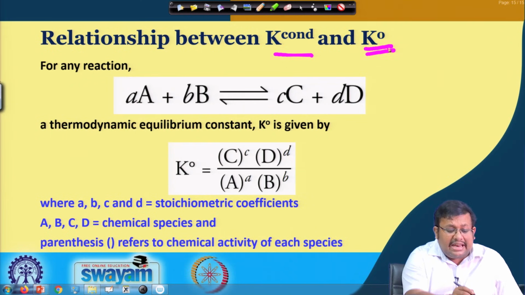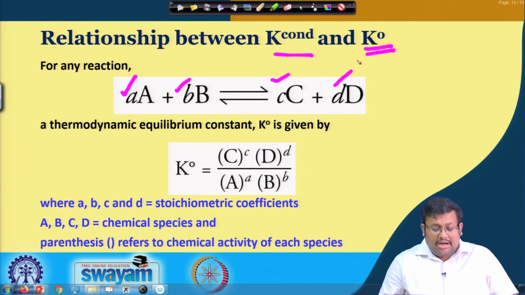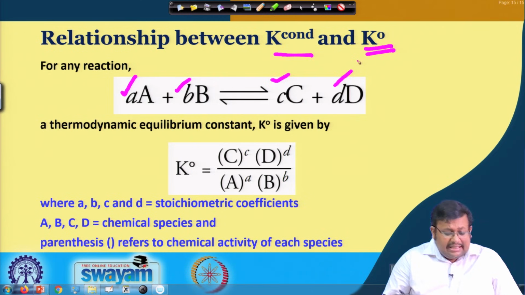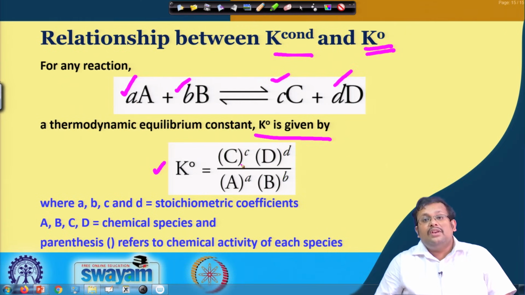For any reaction, a, b, c, d are the stoichiometric coefficients. At thermodynamic equilibrium, the thermodynamic equilibrium constant K0 is given by this formula, where A, B, C, D are chemical species, and the parenthesis refers to the chemical activity of each species.